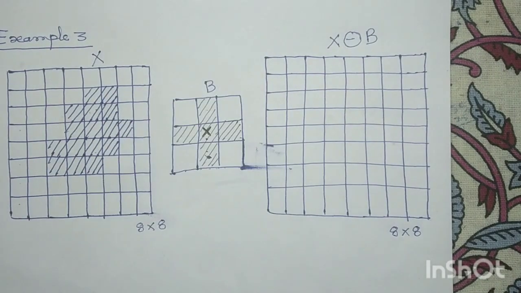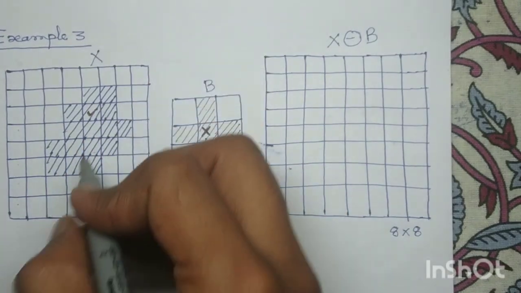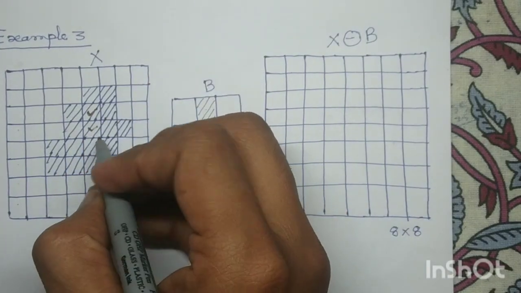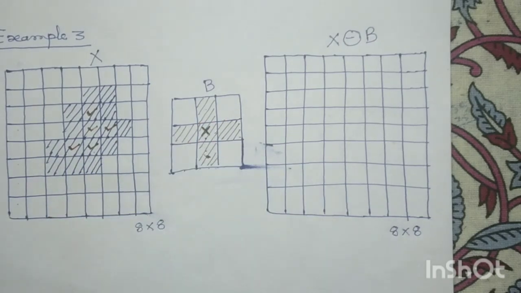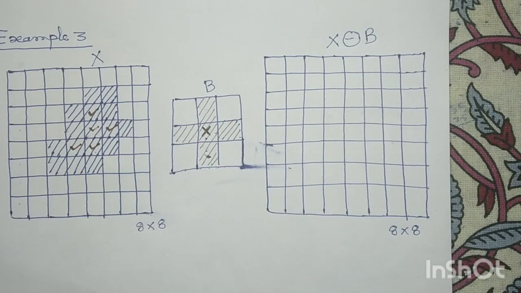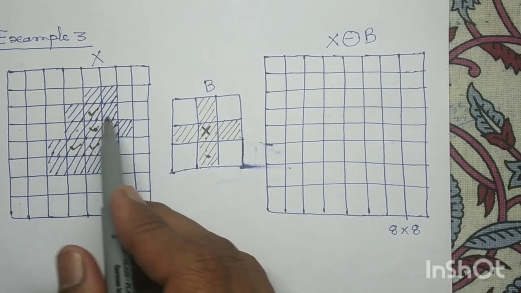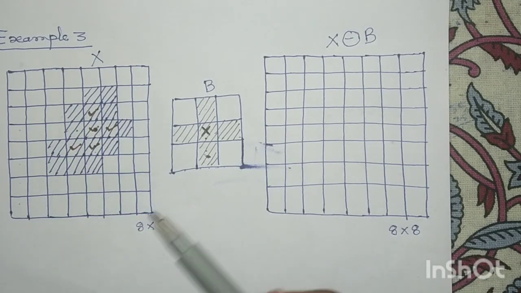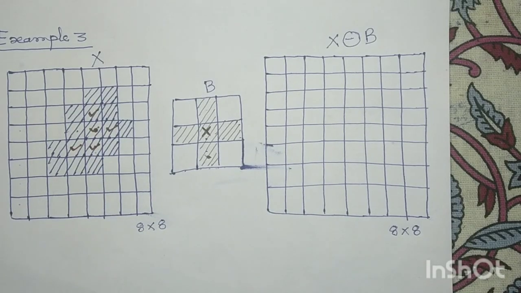this pixel, this pixel, this pixel, this and this. Only these 5 pixels satisfy the criteria whose center pixel value is 1, as well as the 4 neighborhood pixel values are also logic 1. So only these 5 pixels will be the part of the eroded output.